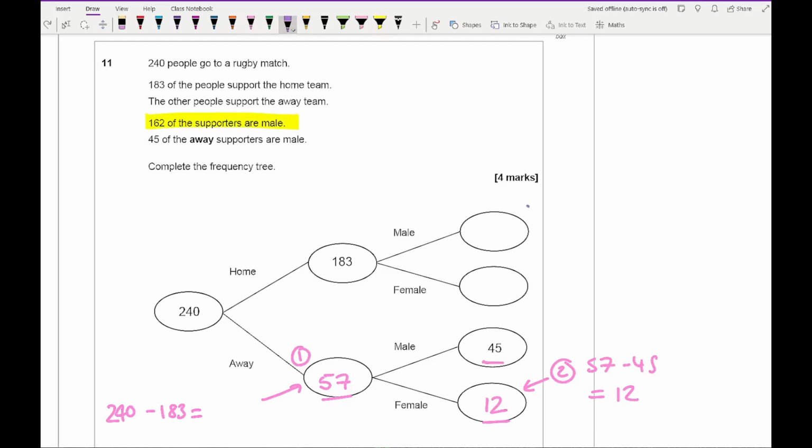So I can then work out what this here is. This number plus this one needs to add up to 162. So if I do 162 minus 45, that gives me an answer of 117. And then the last one, all I need to do is 183 minus 117, which gives me an answer of 66.